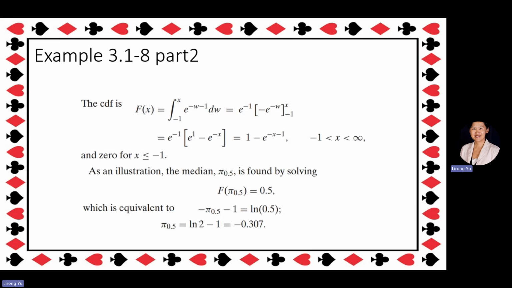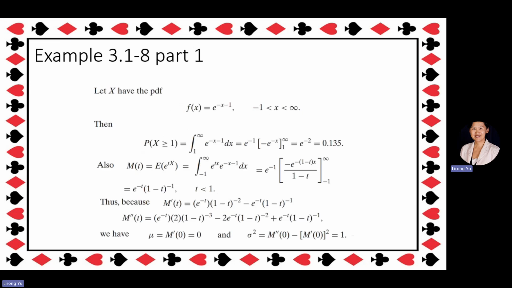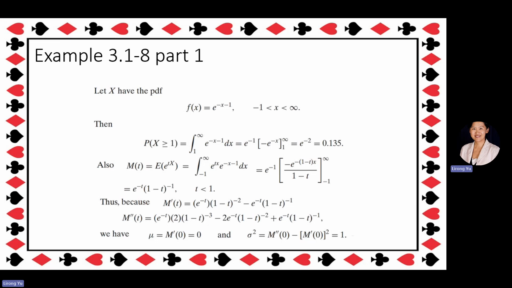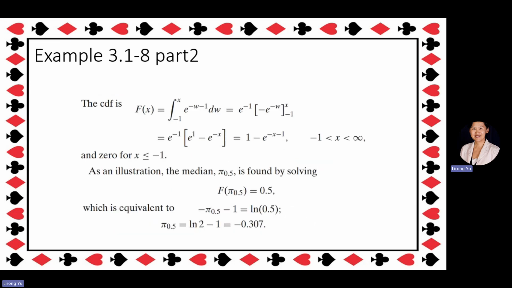When you actually sit down to do some calculation, you can see many things we learned in calculus are fine here. For the same question, we can integrate the density function to get the cumulative distribution function. For example, the density function is e to the negative (x minus 1), defined from -1 to infinity. So F of x is integrating from -1 to x.